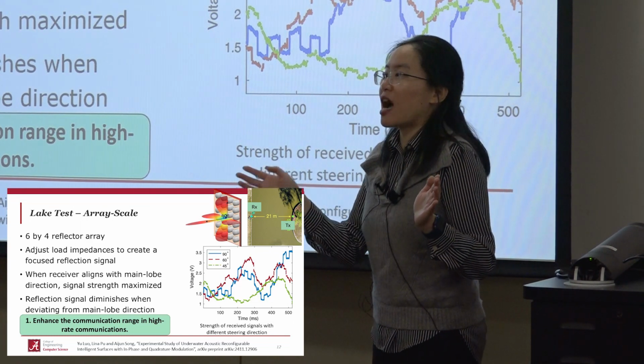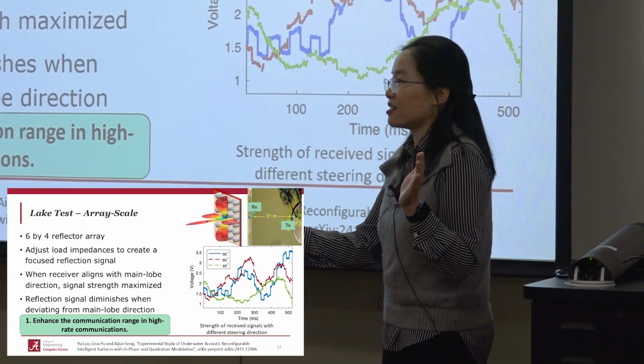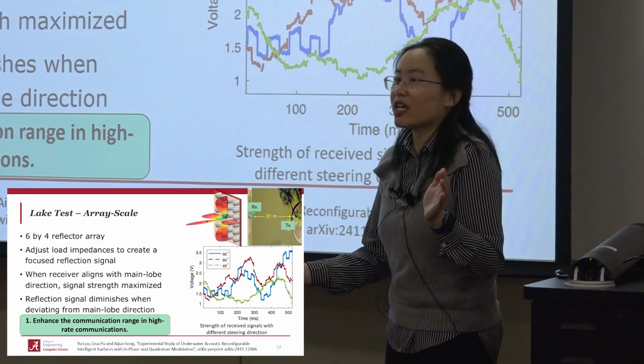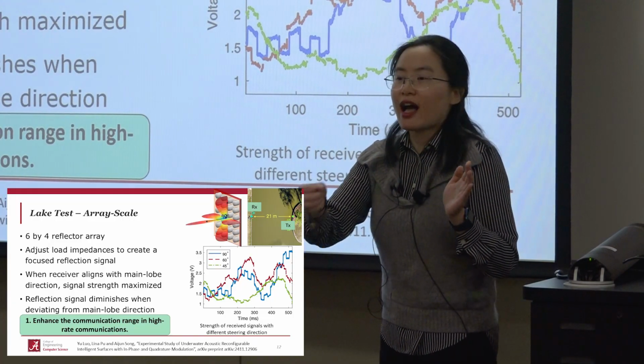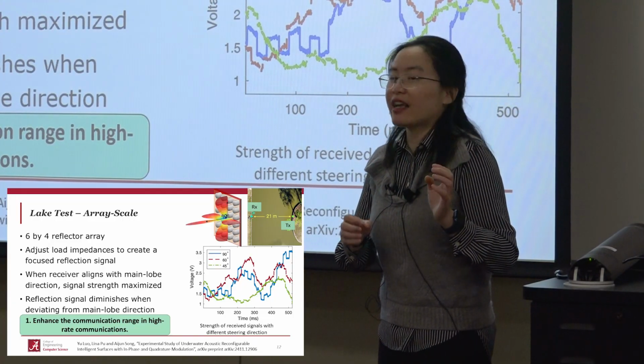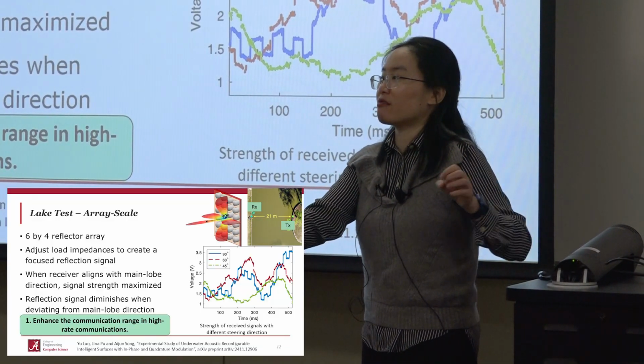Because that is our ultimate goal. So if we can change the direction of our reflected signal, that means we can enhance the signal strength at the receiver, and so that we can enhance the communication range between the transmitter and the receiver.